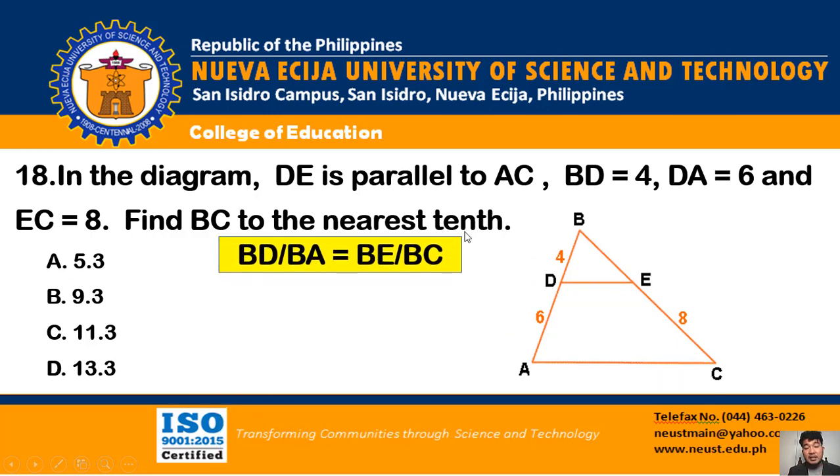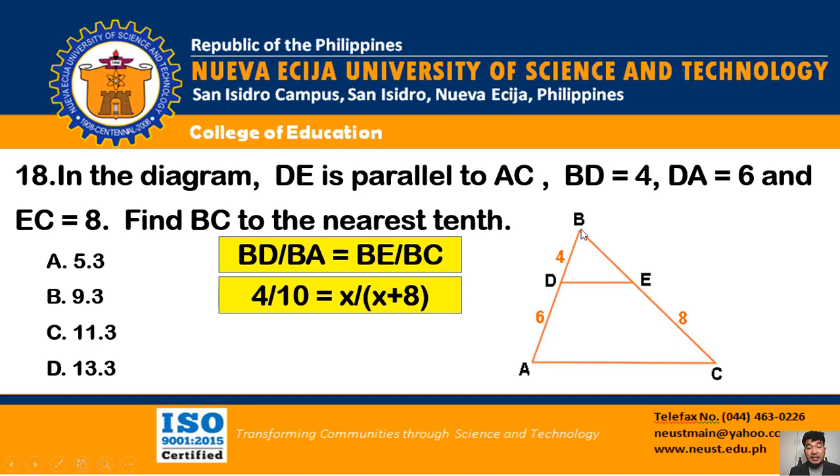Right. So as you can see, from this figure, we can form a proportion. BD over BA, this portion over this whole segment, is equal to BE over the whole segment also, BC. And then we put in the values.